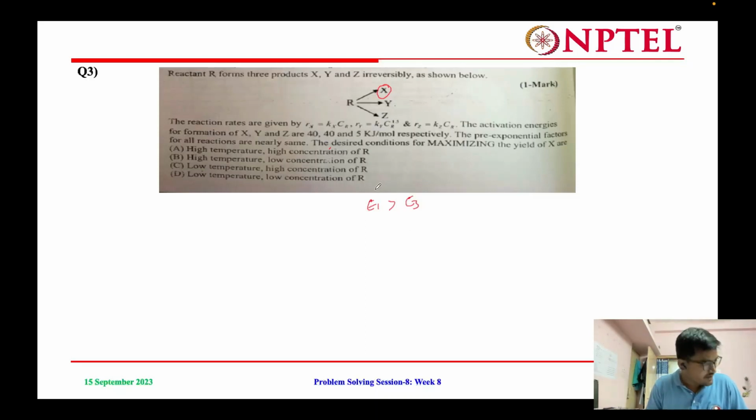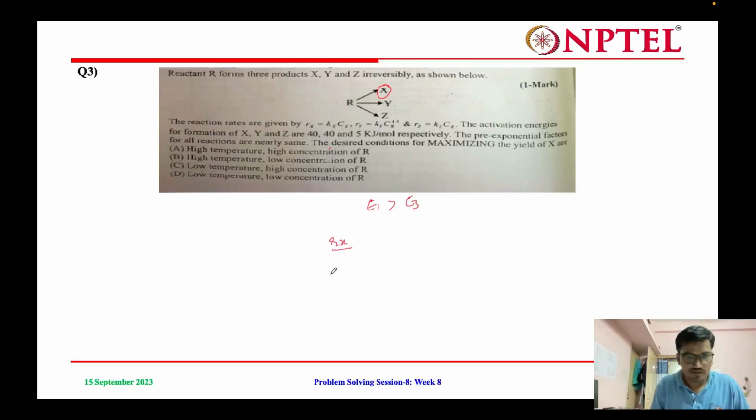So in order to get the maximum yield of X, we need to manipulate and control the variables, the concentration of our reactant. Now let's consider the rates of formation of X and Y.